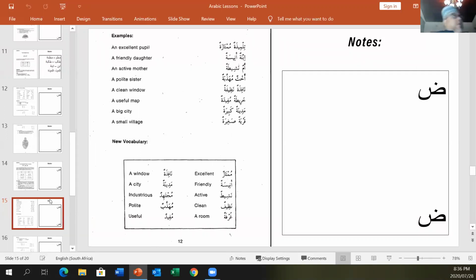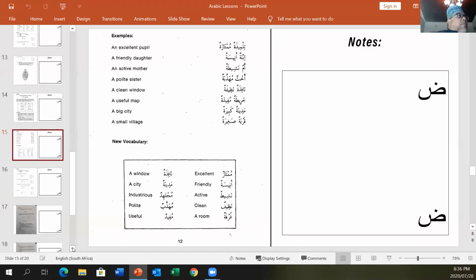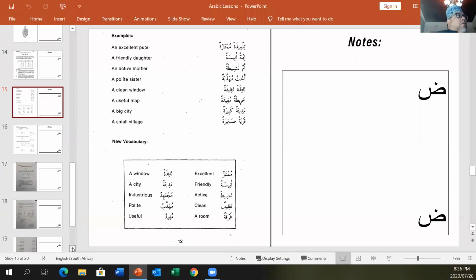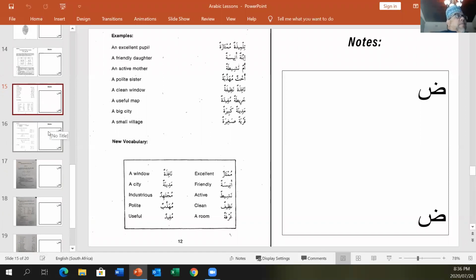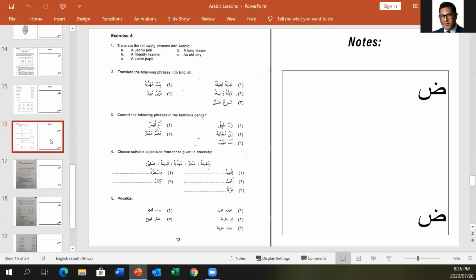So we did all those, inshallah. Is there anybody that wants me to go over again how something becomes feminine, or are we all comfortable with that? Everybody comfortable? Okay, awesome.